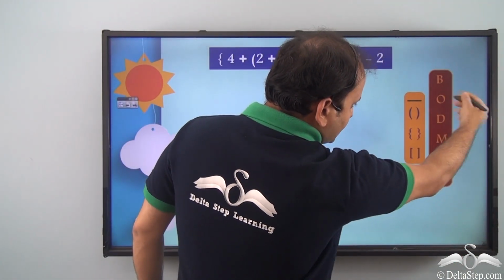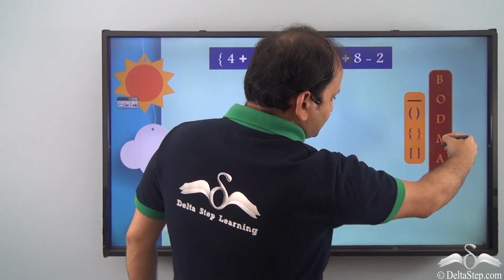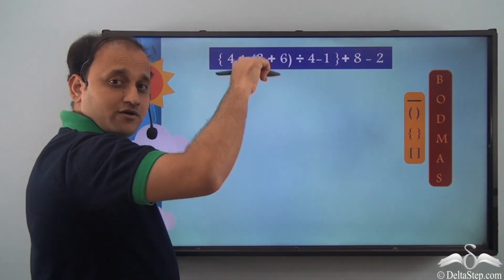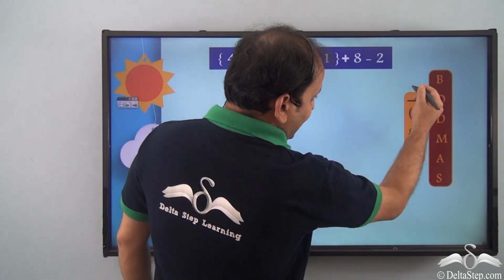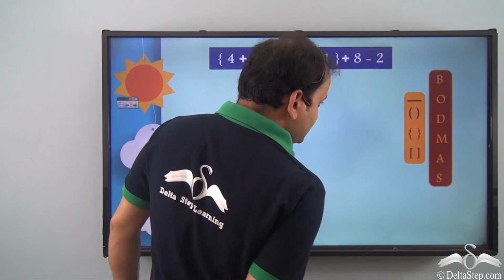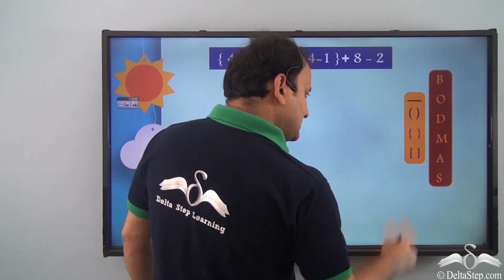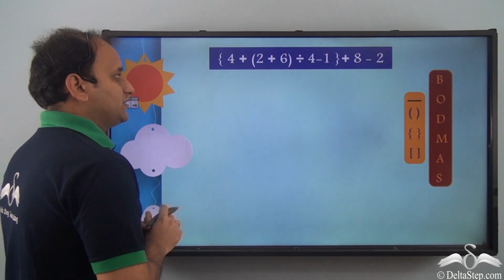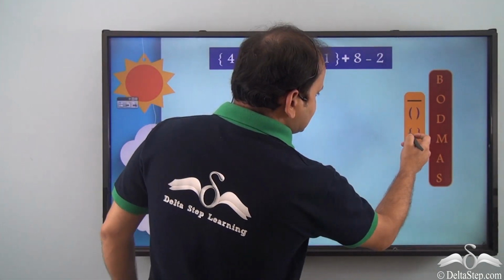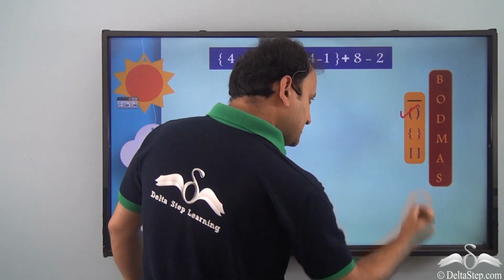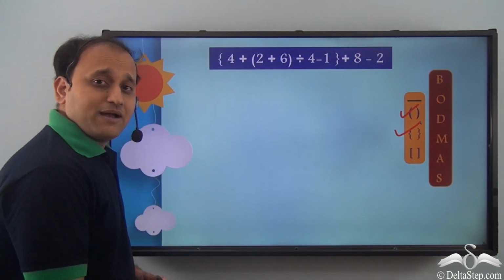Brackets, order, division, multiplication, addition, subtraction. And if we have more than one type of brackets, then line brackets come first, followed by common brackets, then curly brackets and then square brackets. So here we have curly brackets and common brackets, and common brackets come first, followed by curly brackets.